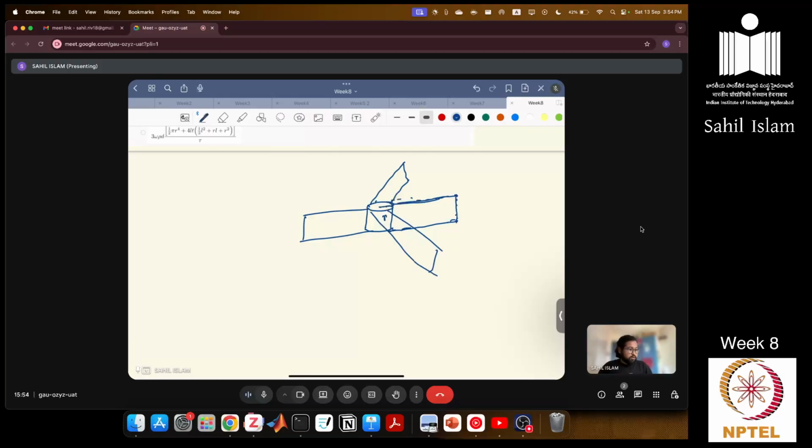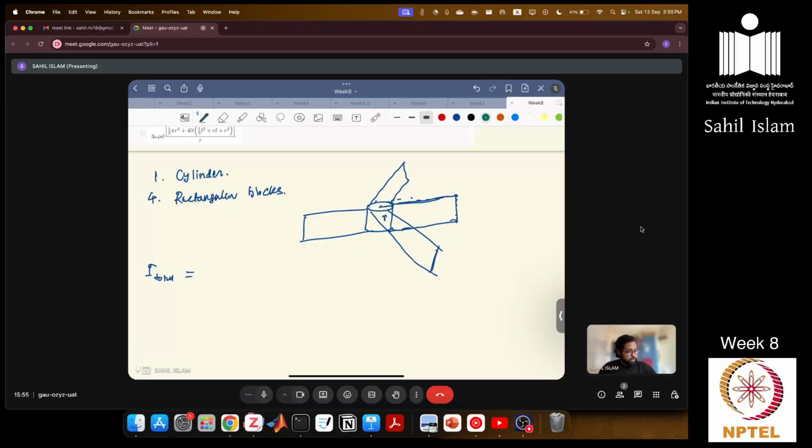This is part of the drawing. So 5 total components are there: one cylinder and 4 rectangular blocks.